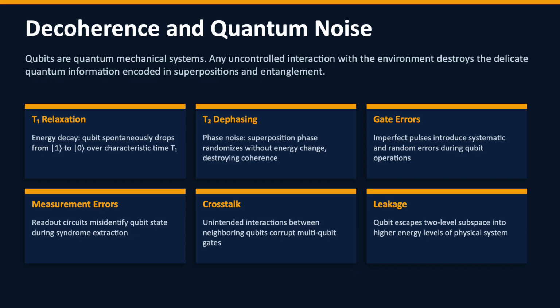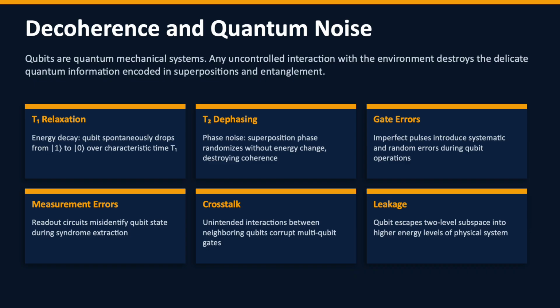Measurement errors: readout circuits misidentify the qubit state during syndrome extraction. Crosstalk: unintended interactions between neighboring qubits corrupt multi-qubit gates. Leakage: the qubit escapes the two-level subspace into higher energy levels of the physical system.